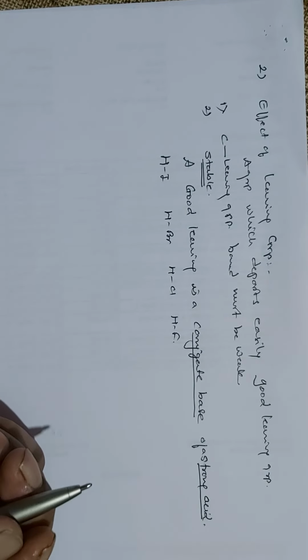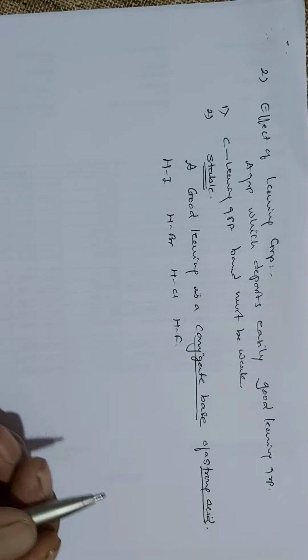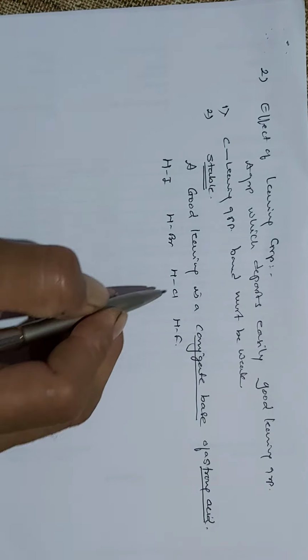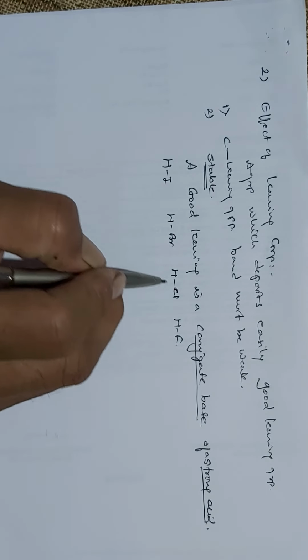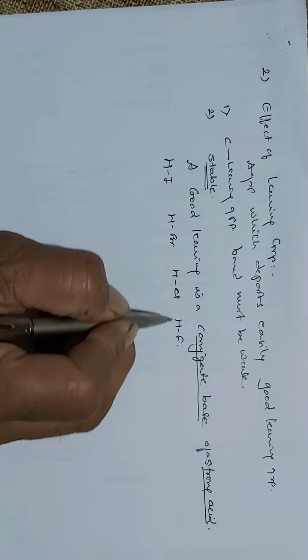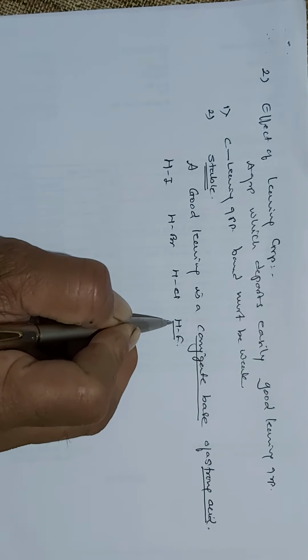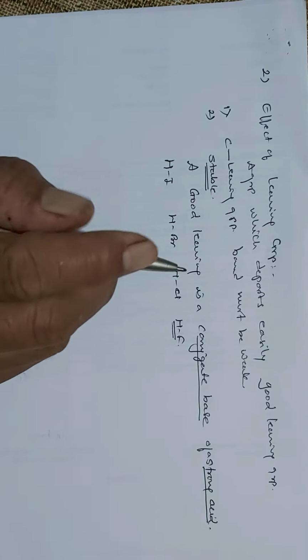So which is a stronger acid? As per our knowledge, we often say that hydrochloric acid is a stronger acid because the bond formed between hydrogen and chlorine is very strong, and hydrogen fluoride is the strongest acid because the bond is more strong.